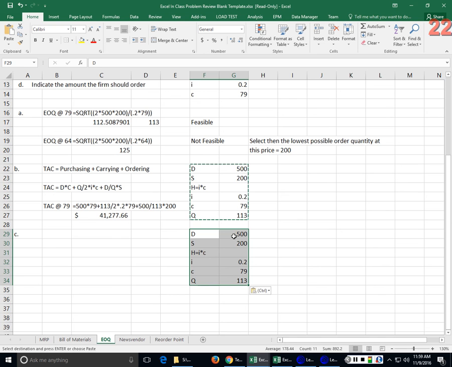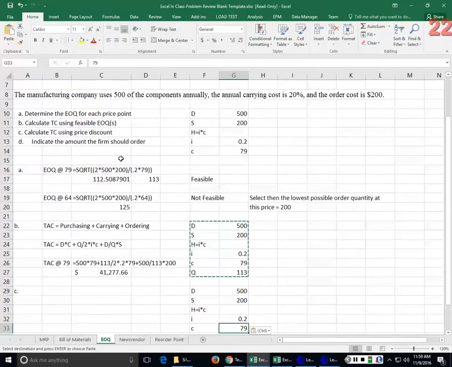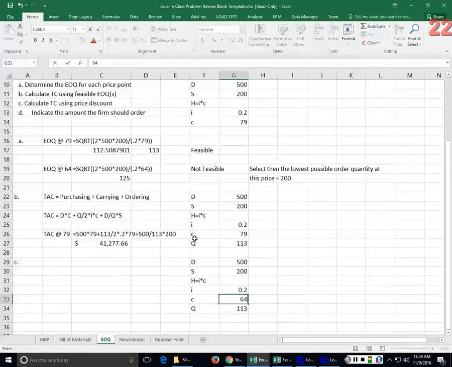Is my annual demand the same? Yes. Is my setup cost the same? Yes, it is. Okay. How about my interest rate? Yes. Okay. What about my price? It changes, yes. Right? So my price goes from $79 to $64. So I put that in for C.